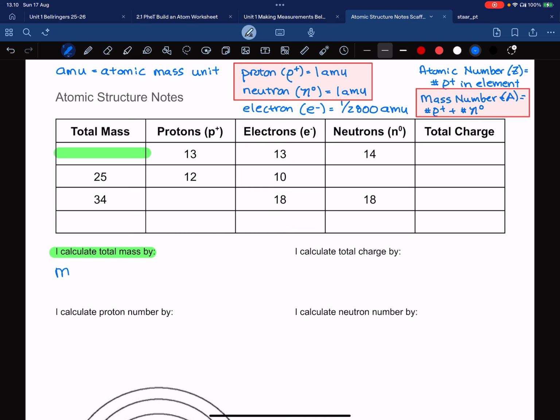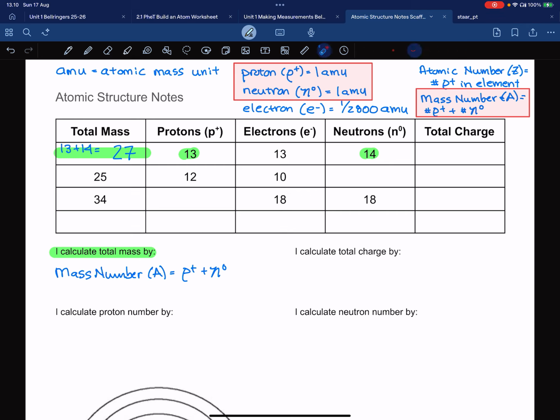So mass number, or A, is equal to protons plus neutrons. Well, the protons were 13, the neutrons were 14, and so my total mass was 13 plus 14 is equal to 27. So that's my total mass.